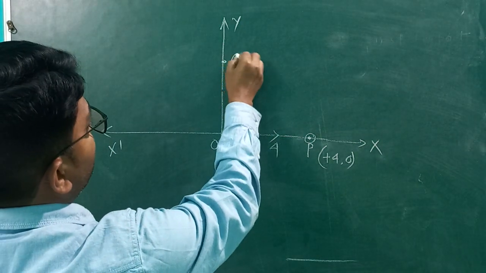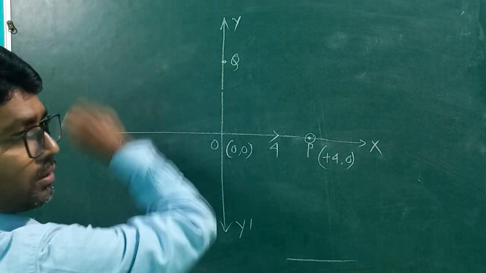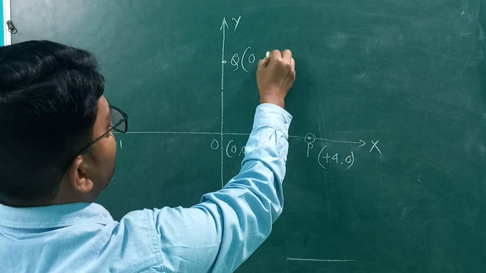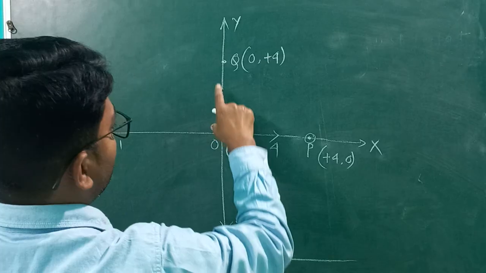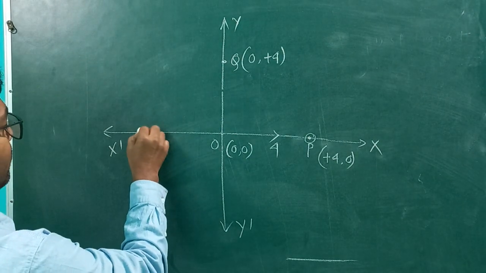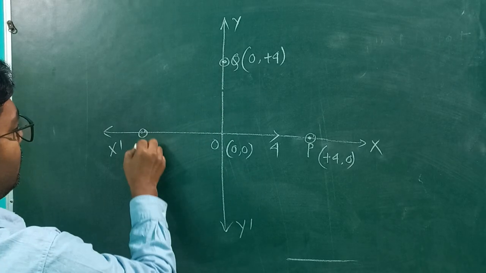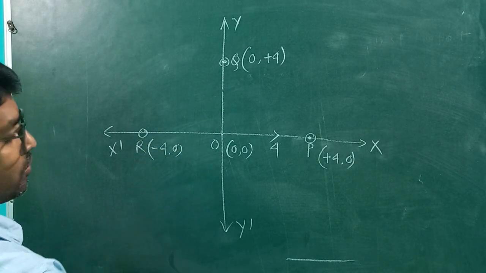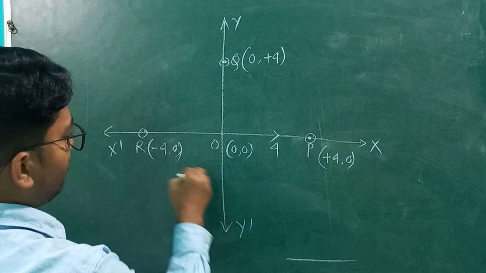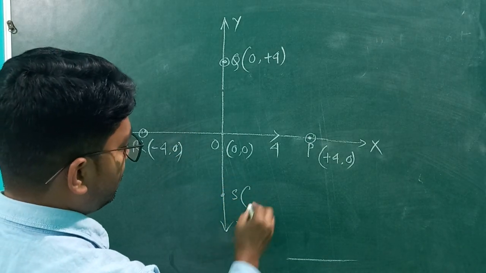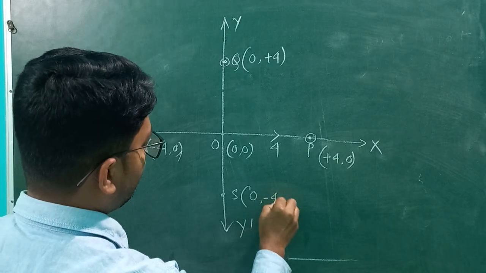Similarly, any point Q which lies on the positive y-axis, its coordinate should be 0 comma plus 4 if this length is 4. If the point lies here, R, its coordinate will be minus 4 comma 0. And if any point lies here, suppose S, its coordinate is 0 comma minus 4.